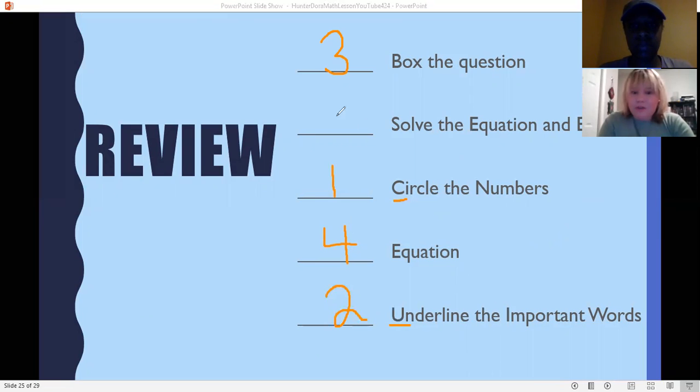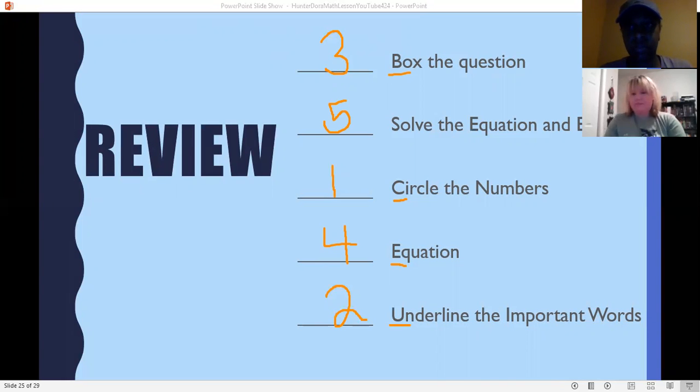The fourth letter of cubes is E, and equation also starts with the letter E. So with that being said, that leaves us with our final step. If you've noticed, it is the only blank that we have left, and that is solve the equation. So that is step 5. S is the fifth letter in cubes, and solve starts with the letter S.